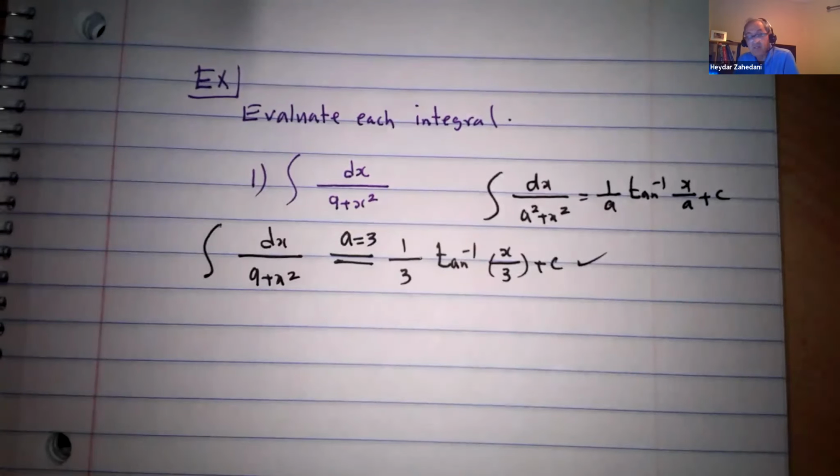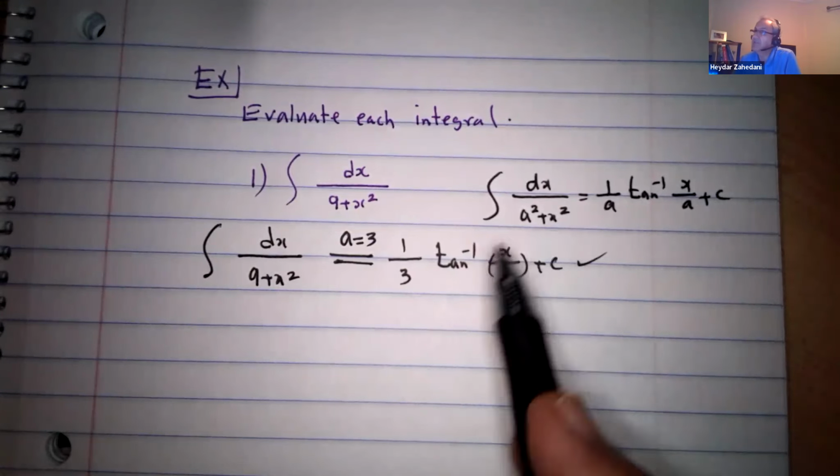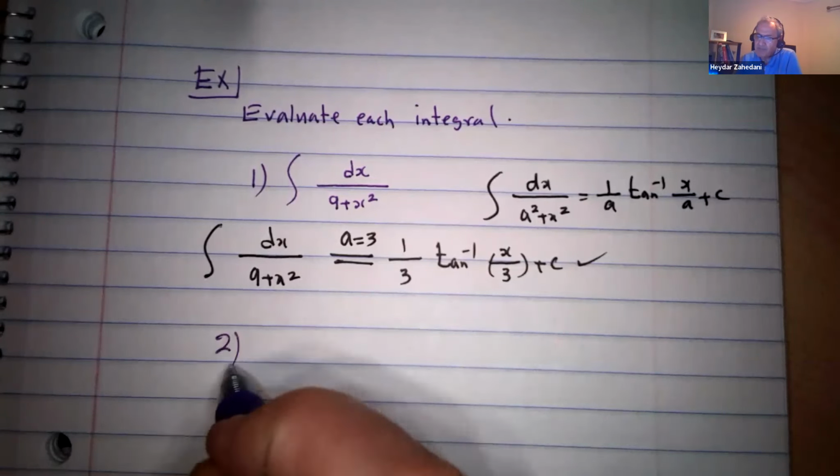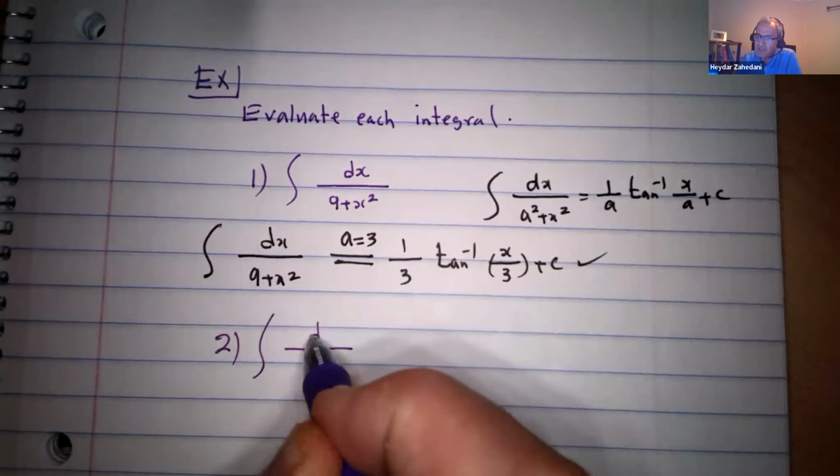It's very easy to identify this formula. In the case of the tangent inverse, it's very easy to identify because the bottom must be of the form a squared plus x squared. Most of the time, these numbers may not be a perfect square.